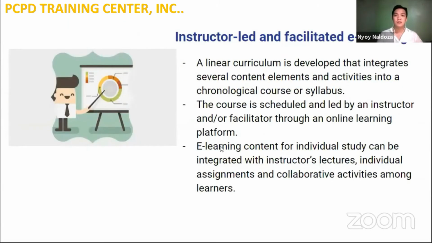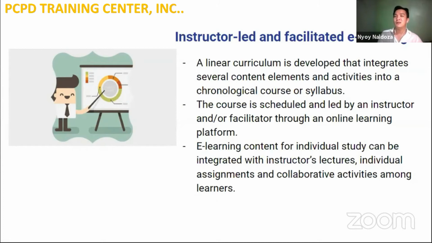Okay. Aside from that, the other form of e-learning is instructor-led and facilitated e-learning. It's considered to be linear in a sense that the elements of content and activities are organized in a chronological manner. So it is led or facilitated by an instructor through an online learning platform.